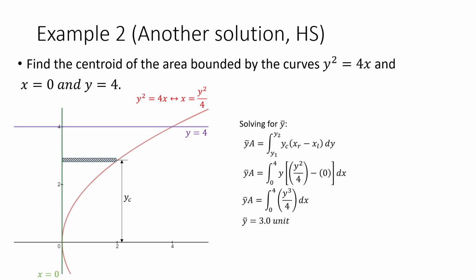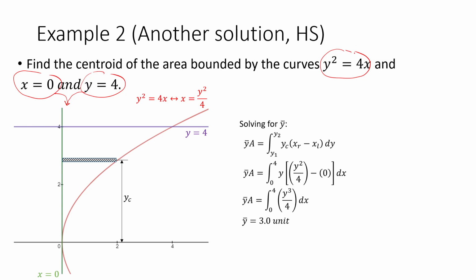So a tip here is that you can solve the area or centroid using both horizontal and vertical strips. My tip is to observe the given equations. So x equals 0 and y equals 4 are easy equations, so the calculator can handle these directly.